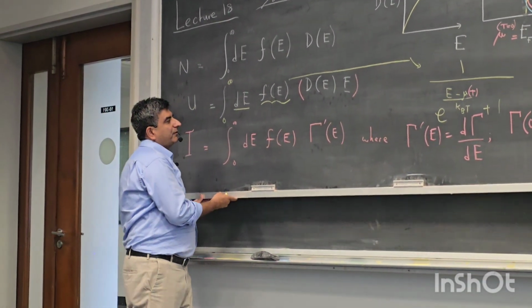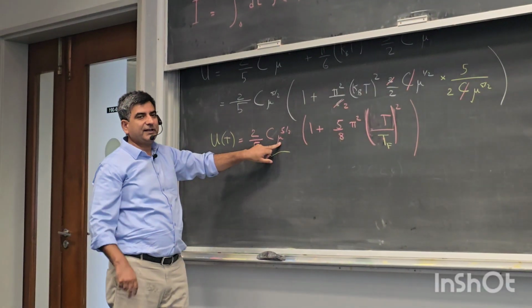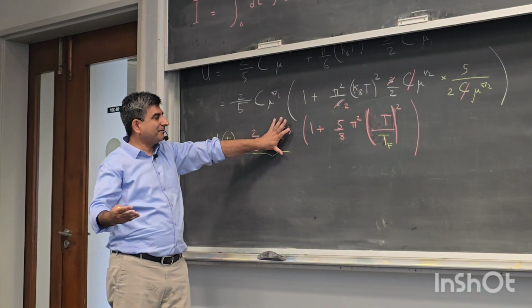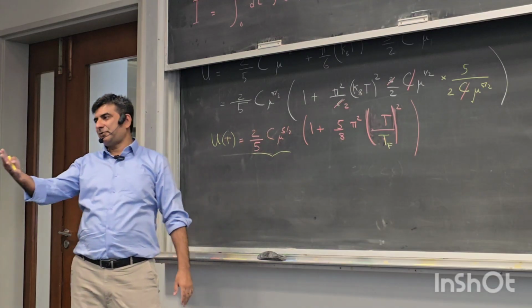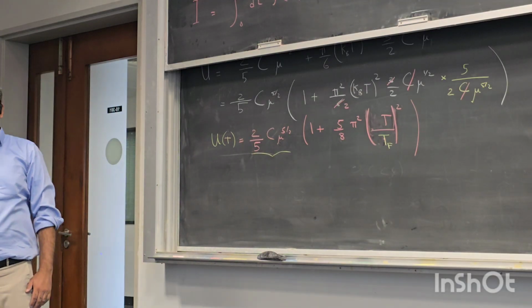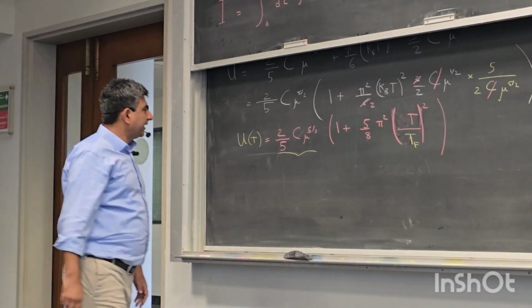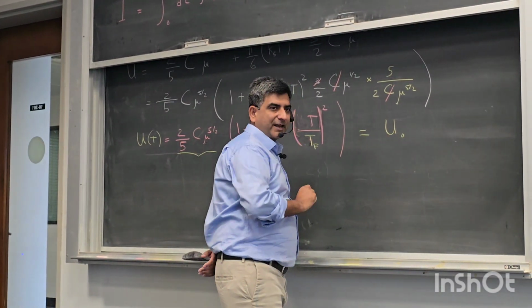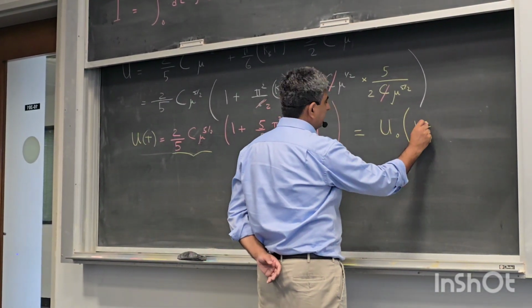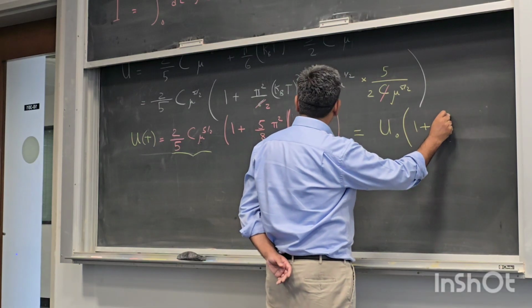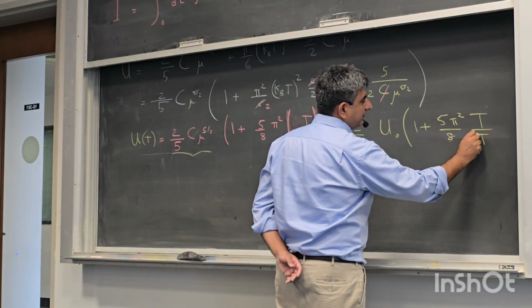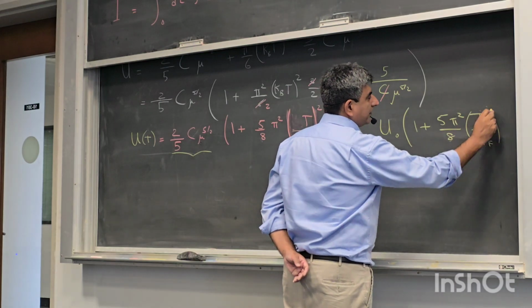So this term over here, if I replace mu with EF, since at 0 kelvin mu equals EF, is really the total energy at 0 kelvin. Okay, so I'll get U at some temperature is the total energy at 0 kelvin times 1 plus 5 pi square over 8 T over TF whole square.